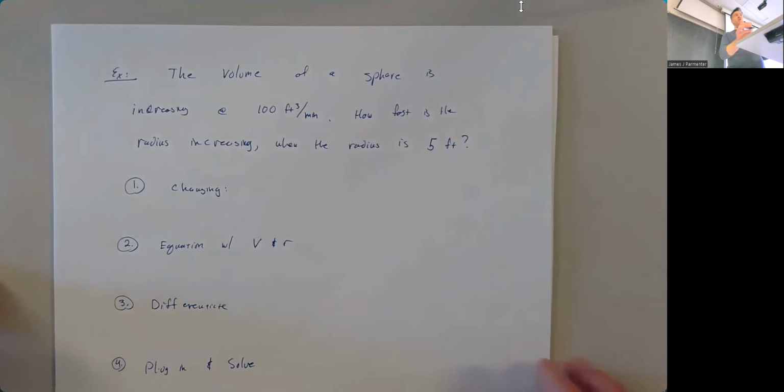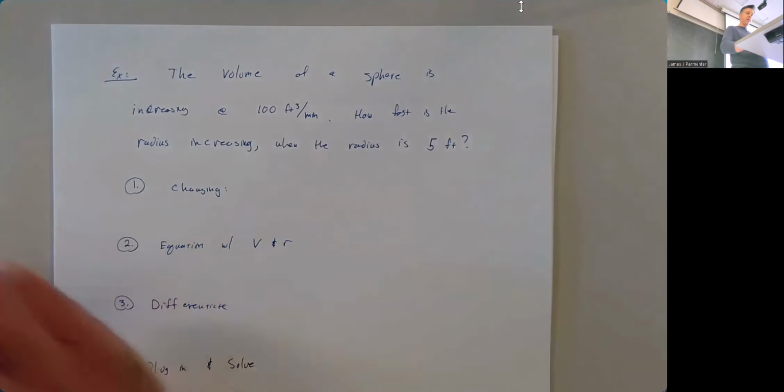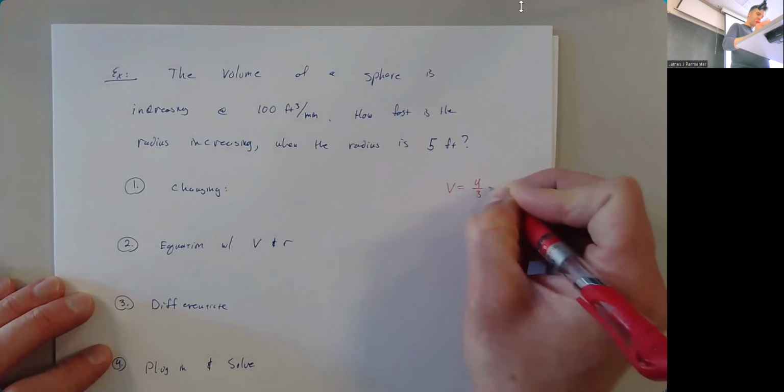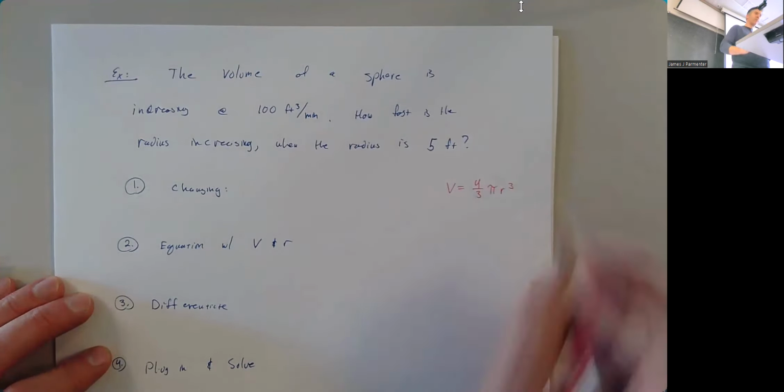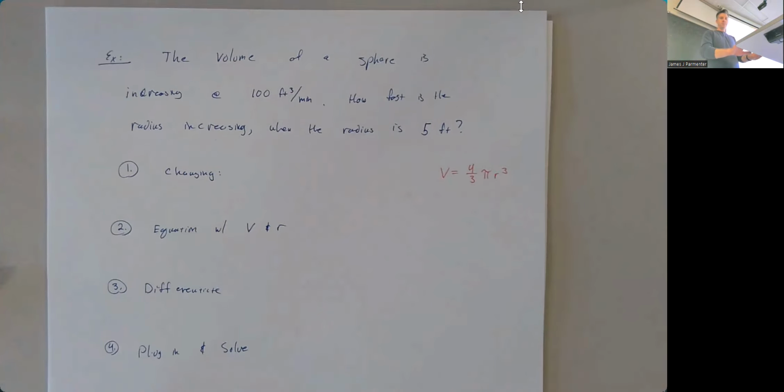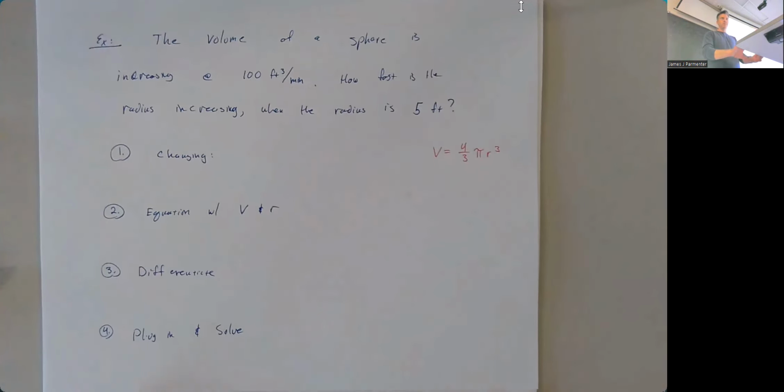I imagine you were expected to know the volume equation of a sphere, but in case you've forgotten it, the volume of a sphere is given by 4/3 pi r cubed. I'll give you like 3 to 4 minutes. We'll see how people are doing. I'll try to give you time. It's hard for me to be quiet.